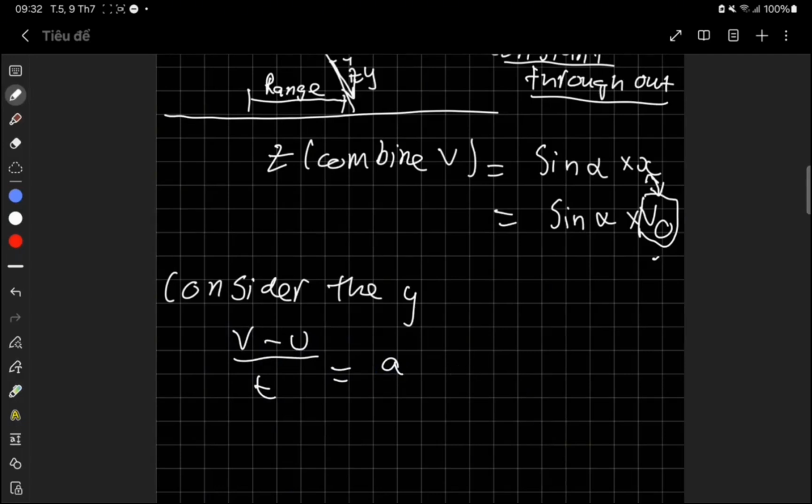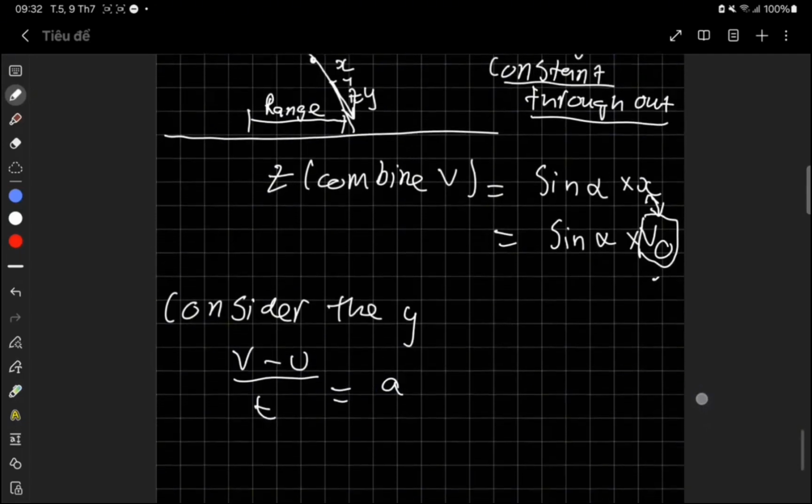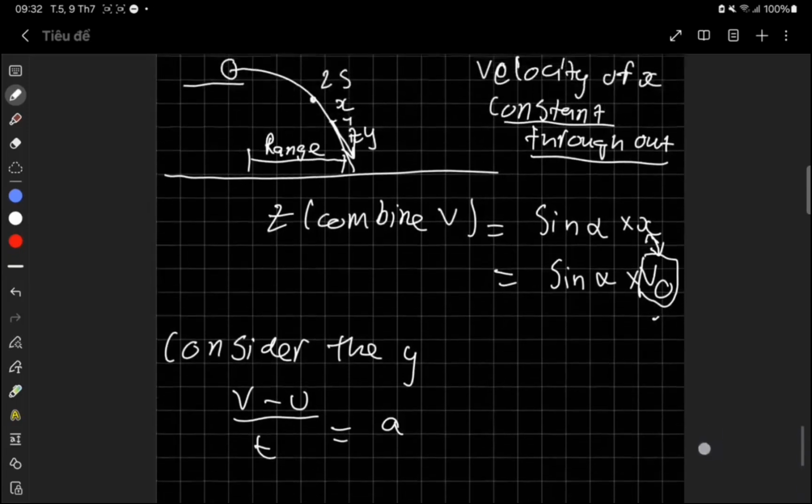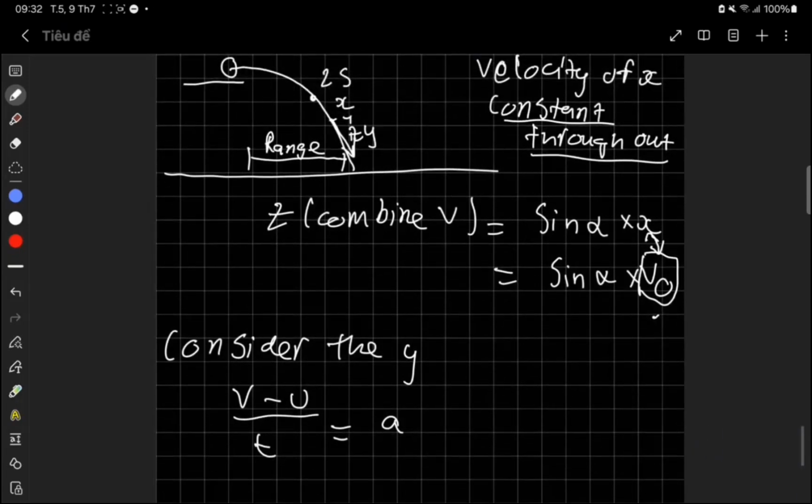The initial velocity in y is often 0 because it is only moving horizontally at the start.